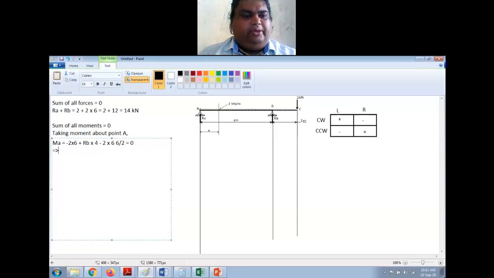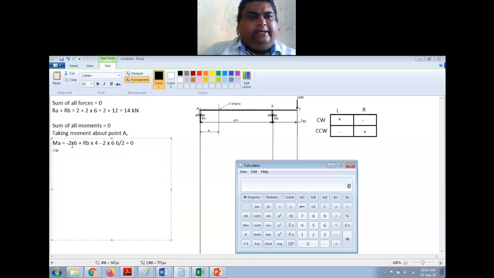So when you solve this, you get RB. So let me open my calculator. I'll take the negative ones on the other side, so that will become positive. So it is 2 into 6 plus 2 into 6 into 6 by 2, or 2 into 6 into 3. So that is 48, and that is equal to 4 times RB.